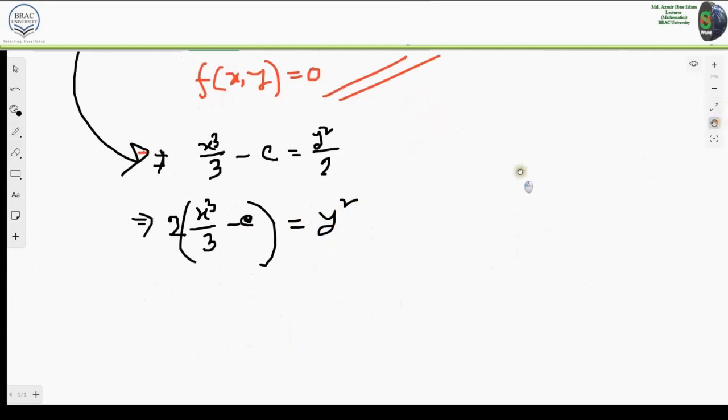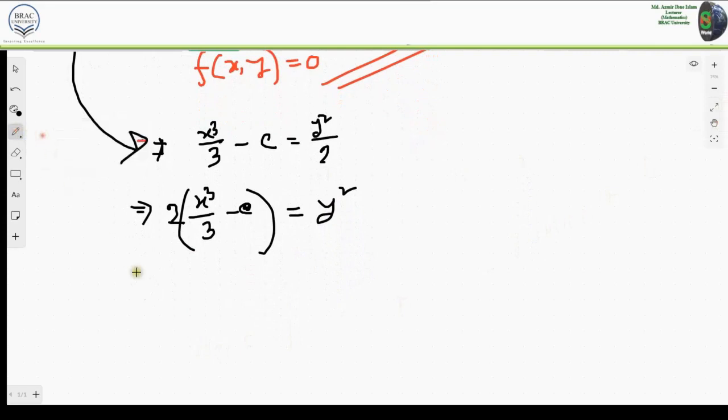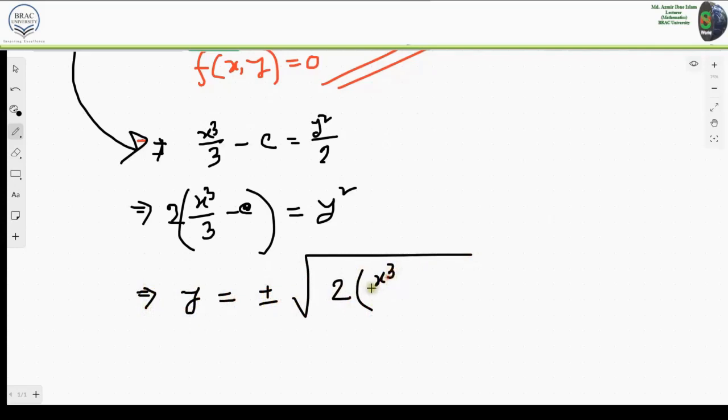And now, to write the explicit form, we can write y equal to plus or minus the square root of 2 times x cubed over 3 minus c. So what we have found is of the form y equal to f of x. That means it is in explicit form, and the previous one is in implicit form. So you can keep either format.